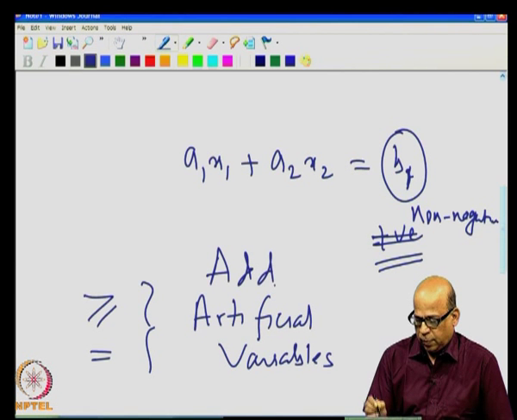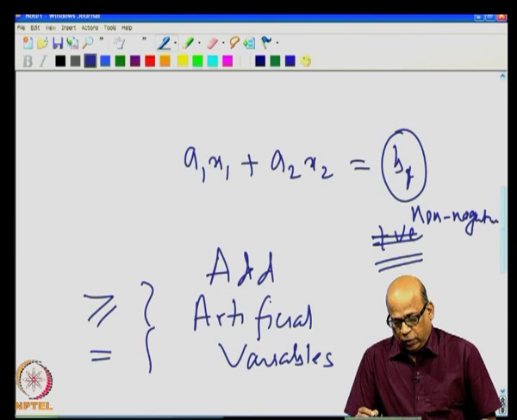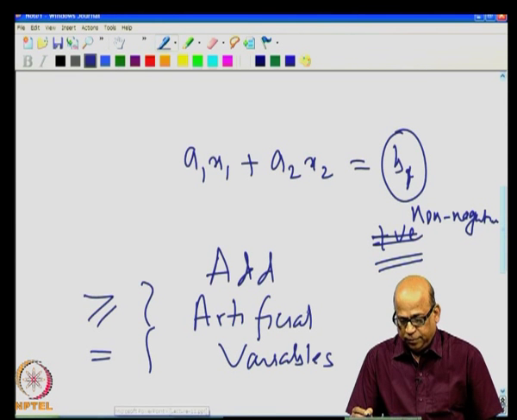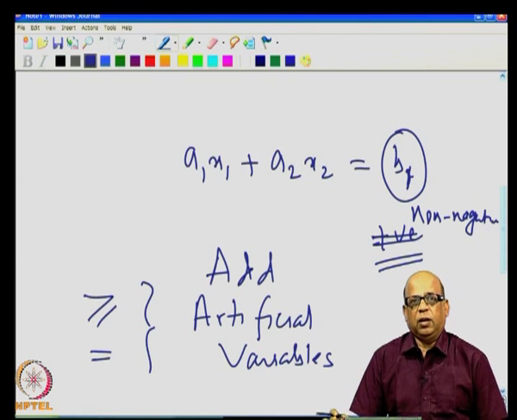For greater than or equal to or equality constraints, we add the artificial variables to get an initial basic feasible solution. That is the whole purpose of an artificial variable.